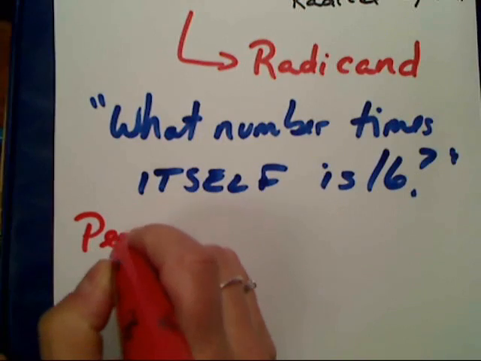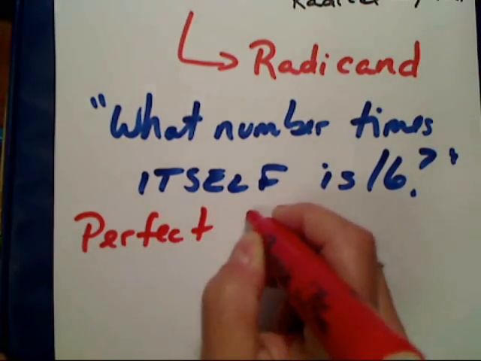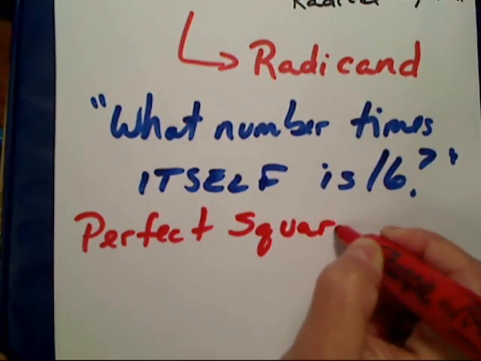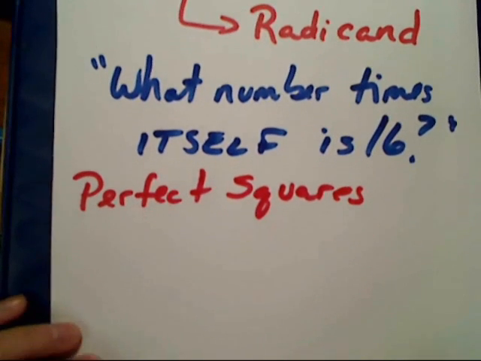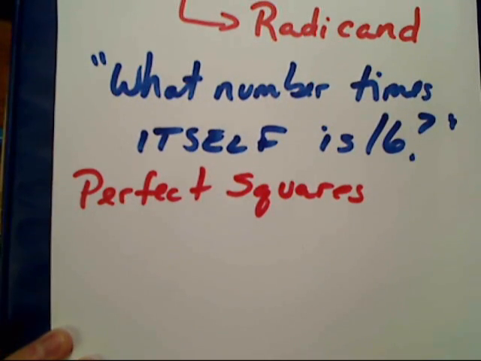Now 16 was a nice one because it's a perfect square. We probably want to get fairly familiar with our perfect squares. We may be fairly familiar with a lot of them from our factoring chapter. That was chapter 5, week 6, in which we had the difference of perfect squares was one of the things that we factored.